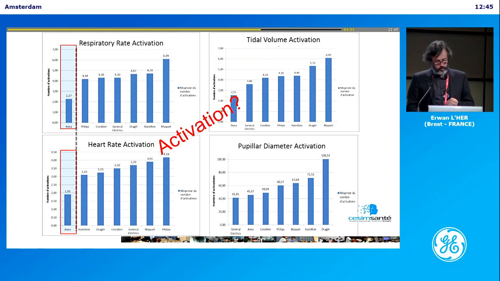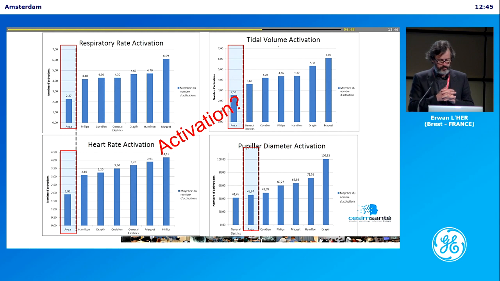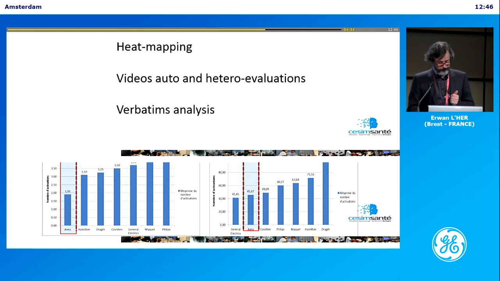We also had a look at pupillary diameter activation, which was also a very fancy way to approach emotional activation. As you can see afterward, we have a huge amount of different parameters to choose the best device in terms of ergonomy.